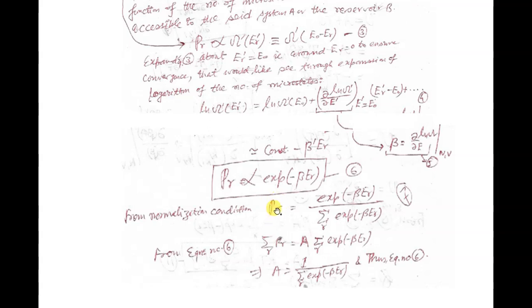So from there you can get the constant of proportionality, say A. When you remove the proportionality, you write equation number 6 like this. So the sum over R of P_R is equal to A times the sum over R of exponential of minus beta E_R. From there A is nothing but this much, and you substitute it here to get the value of P_R, exponential of minus beta E_R upon the sum over all possible values of R of exponential of minus beta E_R. So this is your probability.